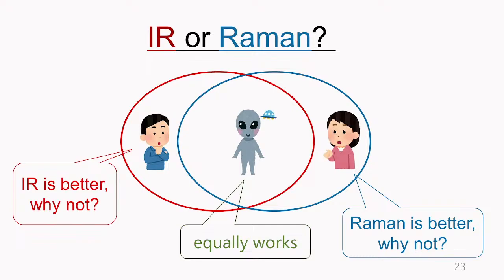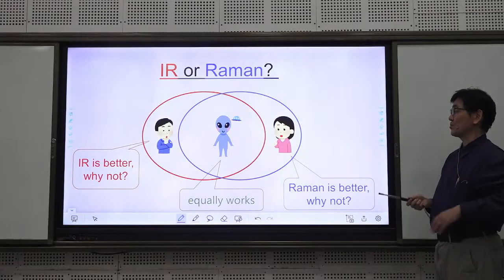So the last part is the comparison of the IR and Raman spectrum. When I was a PhD student, I studied IR spectroscopy, and I believed IR spectroscopy is superior to Raman spectroscopy. And after getting a permanent position, I started using Raman spectroscopy.